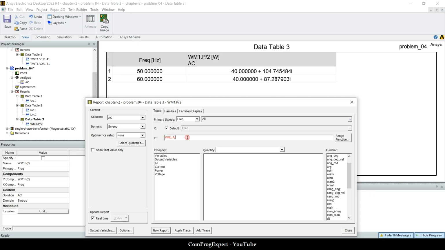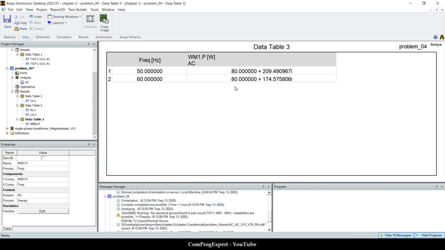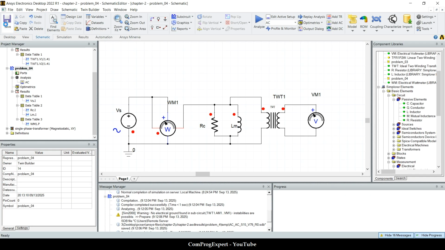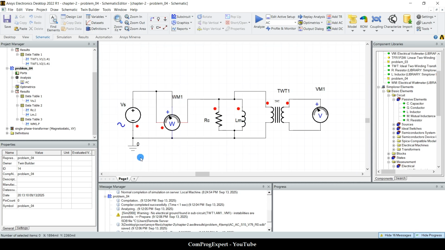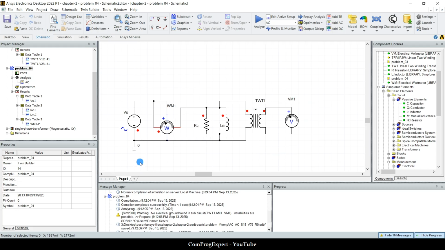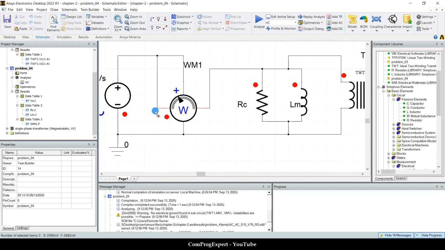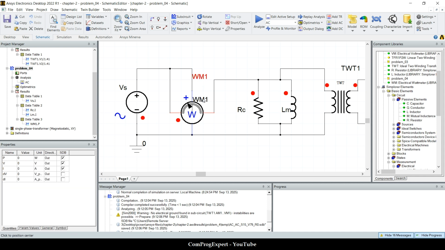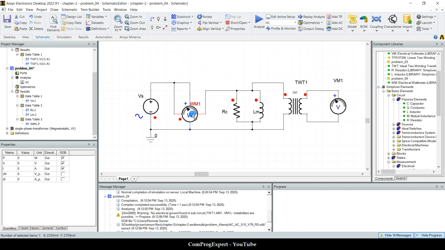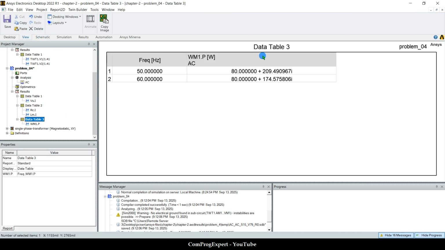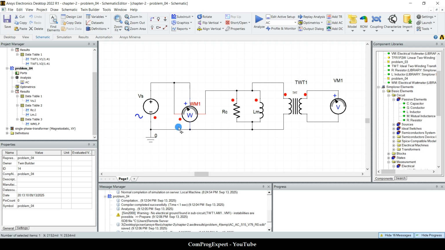We don't need to divide it by 2. 80. So yes, you should consider peak values or RMS values. I just wanted to show you the difference between these two types of calculations, and when we use the wattmeter here, what the P quantity is that is calculated inside this element. So let's continue using RMS values for our future simulations and calculations.